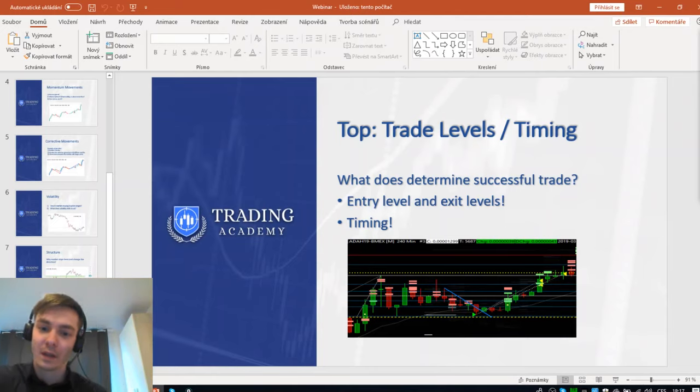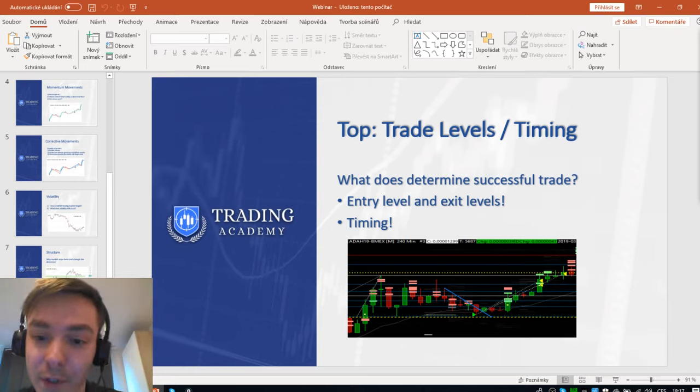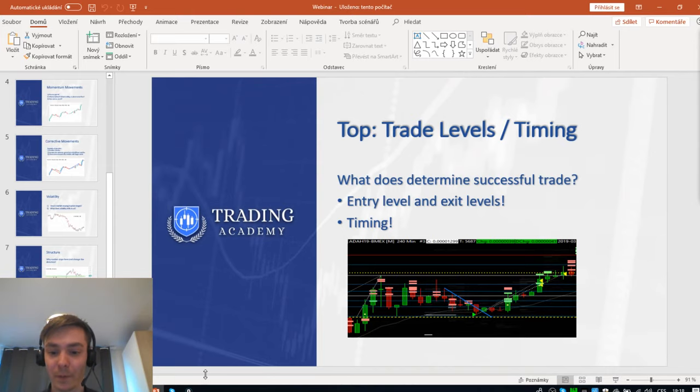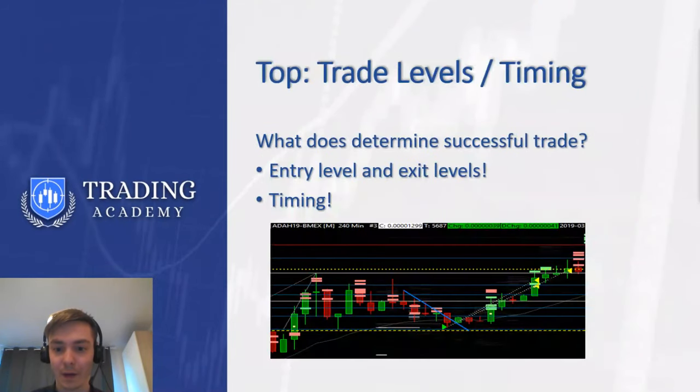Okay, then we have, let's say, the top of the pyramid, and it is trade levels and timing. What determines a successful trade? It is entry level and exit levels. It's timing. For example, here, this was my trade on Cardano.